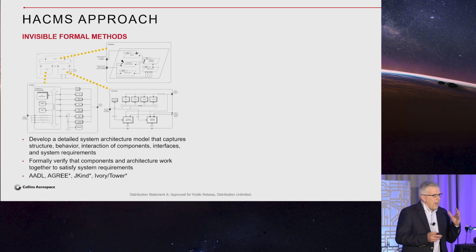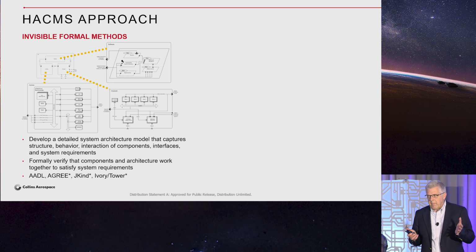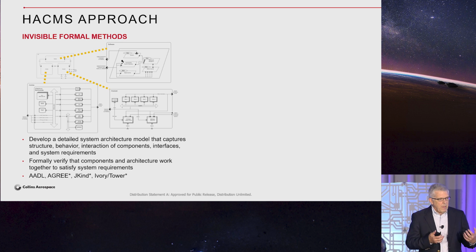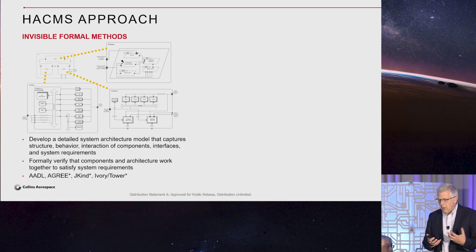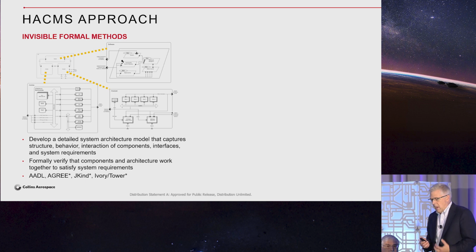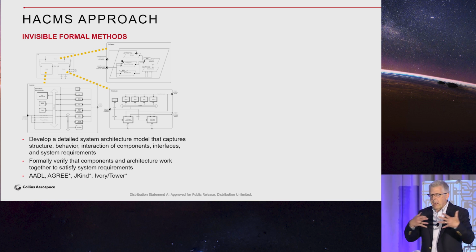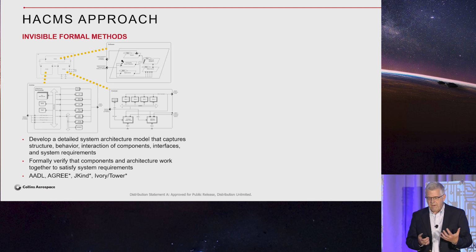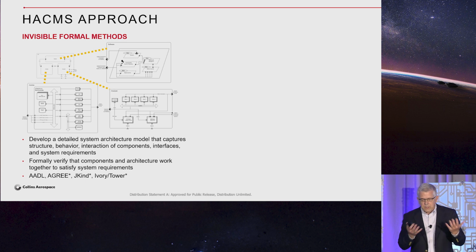So we started out building system architecture models for the vehicles that we were concerned about, producing very detailed models that captured the structure, the behavior, the interactions, the behavior of components and the system requirements, and then formally verified that the components in this architecture work together to meet our system requirements.